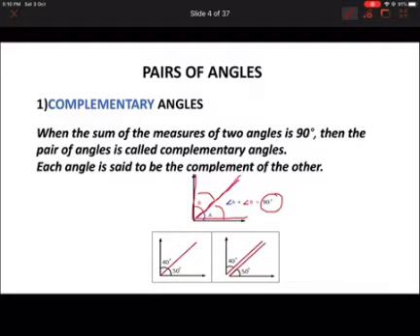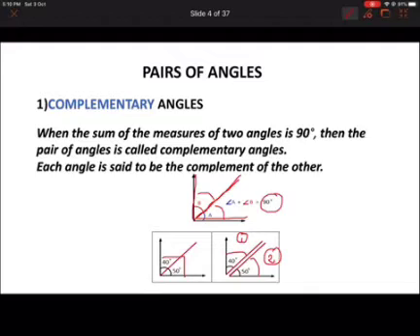Complementary angles can be together, next to each other like so, or they can be two separate angles like this. Here we have two separate angles. This is angle 1 and this is angle 2. Together they are forming a complementary pair of angles.